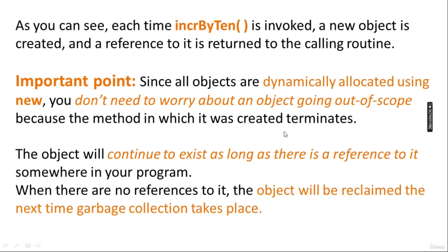Whether the object goes out of scope is not your business, because even when the method in which it was created terminates, the object will continue to exist as long as a reference to it is available somewhere in your program. Unless and until there is a reference available, that object will not be destroyed. When there are no references to it, the object will be reclaimed the next time garbage collection takes place.